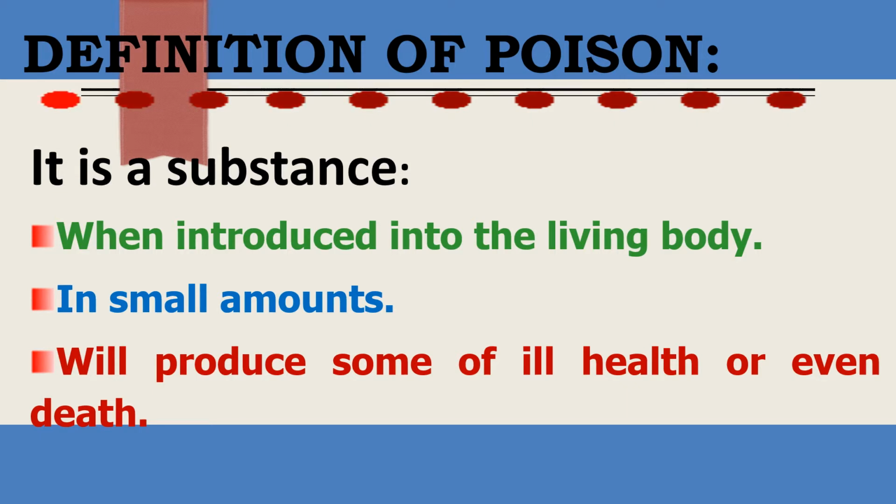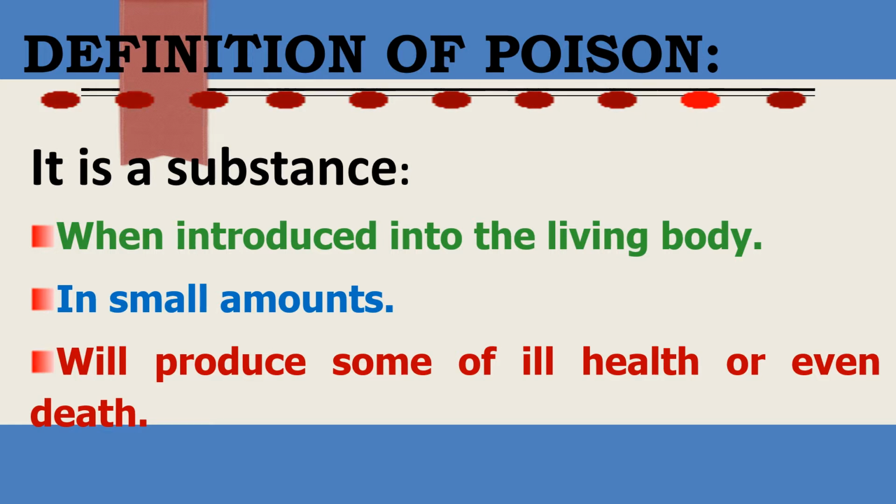So any substance which is man-made or chemical in nature, like household products, medications, pesticides, all of these substances are man-made and they produce their action by chemical effect, so it is called poison. While a toxin is produced by living organisms, either plants or animals or bacteria or fungi, so it is naturally occurring. So this is the difference between poison and toxin.